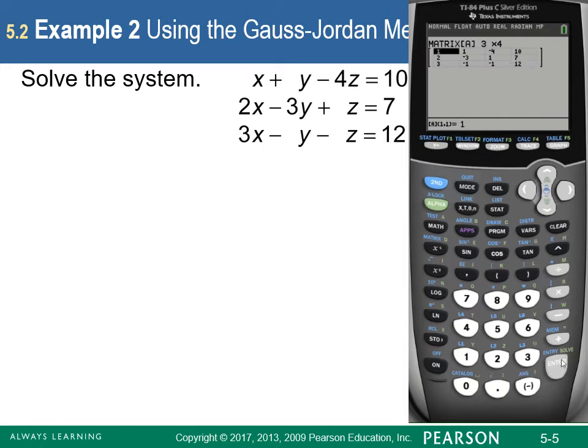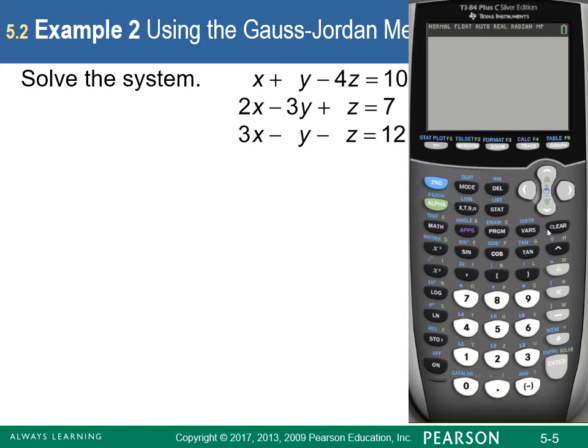And if you need to change any of the numbers, like you made a mistake, you can just scroll around and enter the correct value. When satisfied, we do second quit back to the home screen.